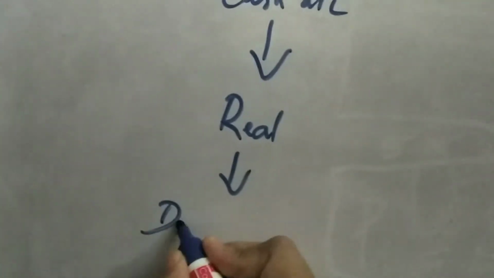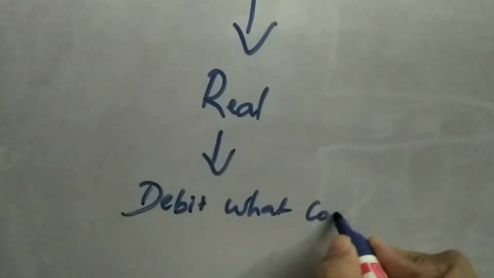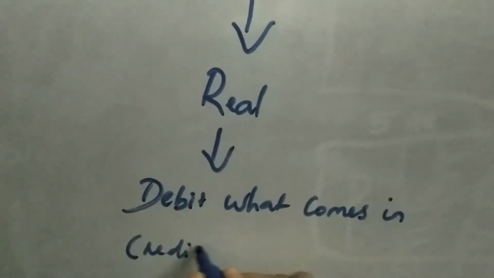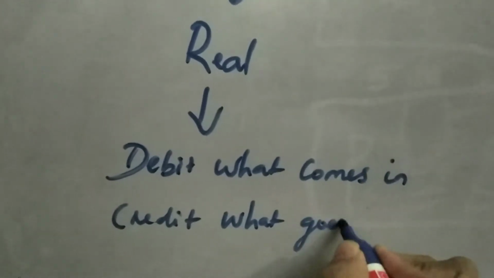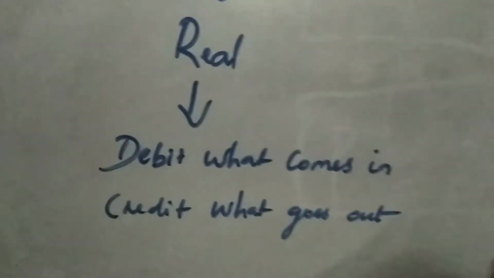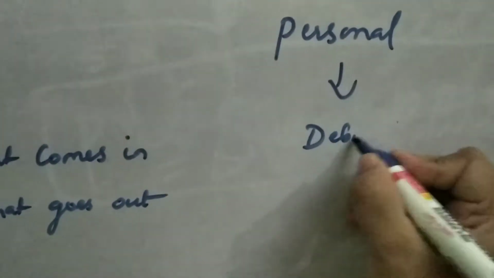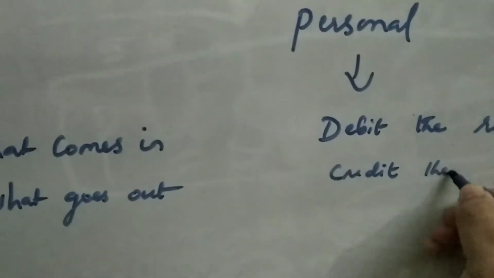So what is the golden rule for real? Debit what comes in and credit what goes out. For personal, debit the receiver and credit the giver.